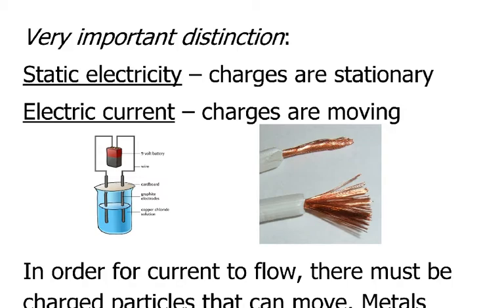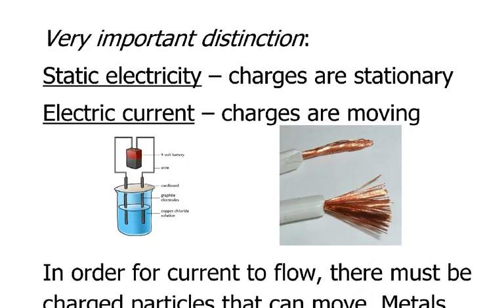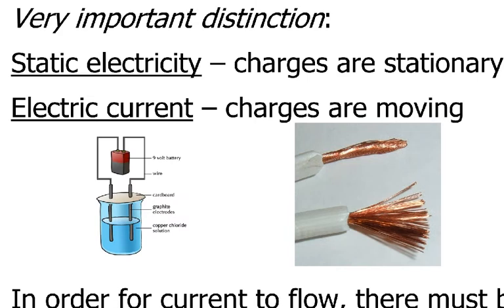Alright, so that leads us to a very important distinction. Static electricity involves charges that are stationary, that are not moving, and electric current involves charges that are moving. So current can flow in a couple of different ways.